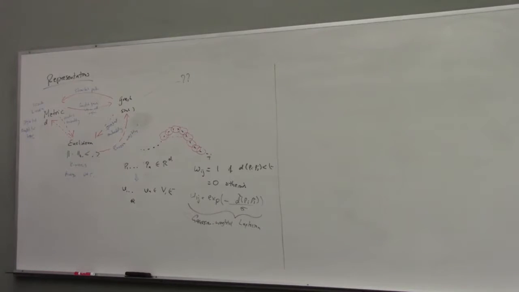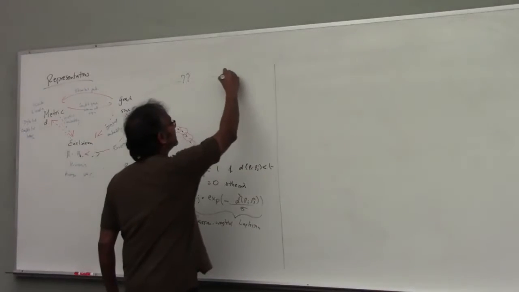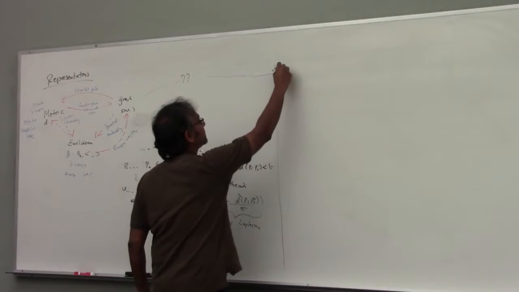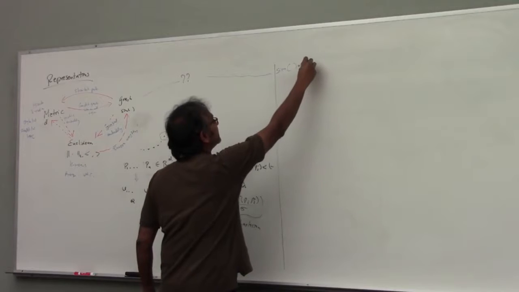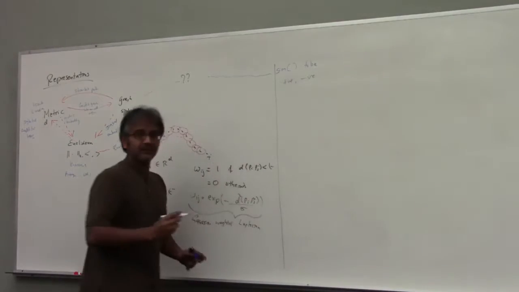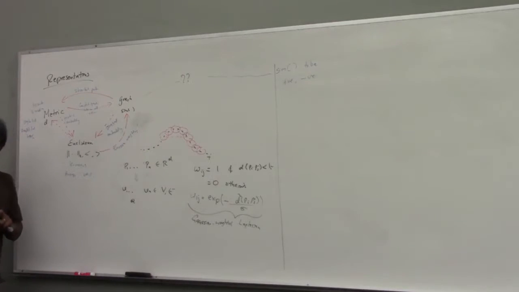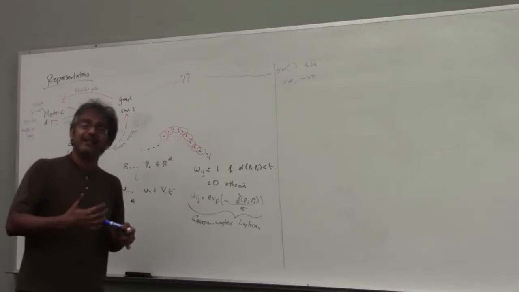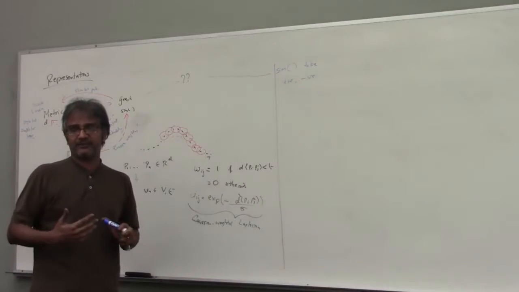But it's got some interesting new features that somewhat change the game quite a bit. And the twist we're going to add here is that we're going to allow the similarity function to be positive and negative. In other words, you're going to be able to express both likes and dislikes about other points in your set.